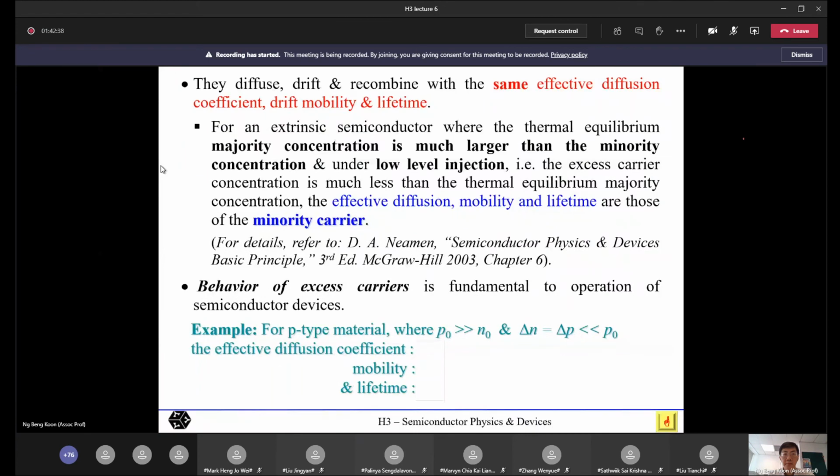And under this analysis that we're going to do, there are also two basic assumptions that we will make to simplify the discussion. The first is that the majority carrier concentration is significantly larger than the minority carrier concentration.